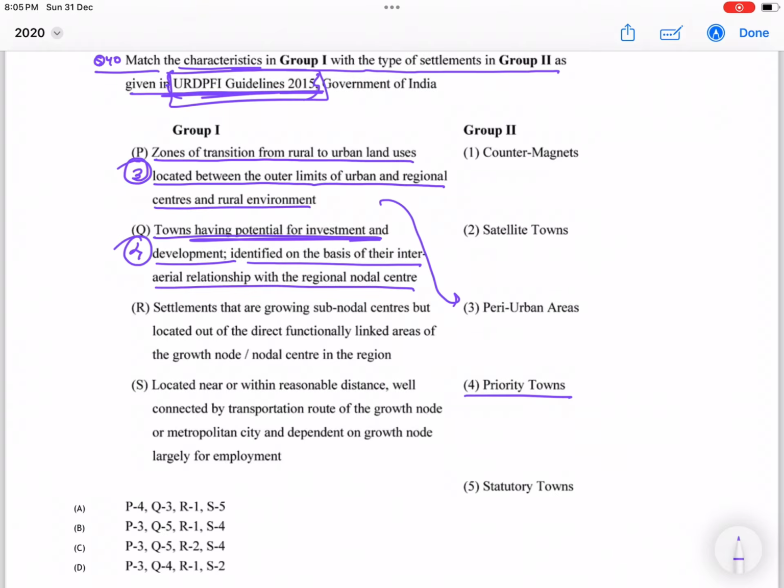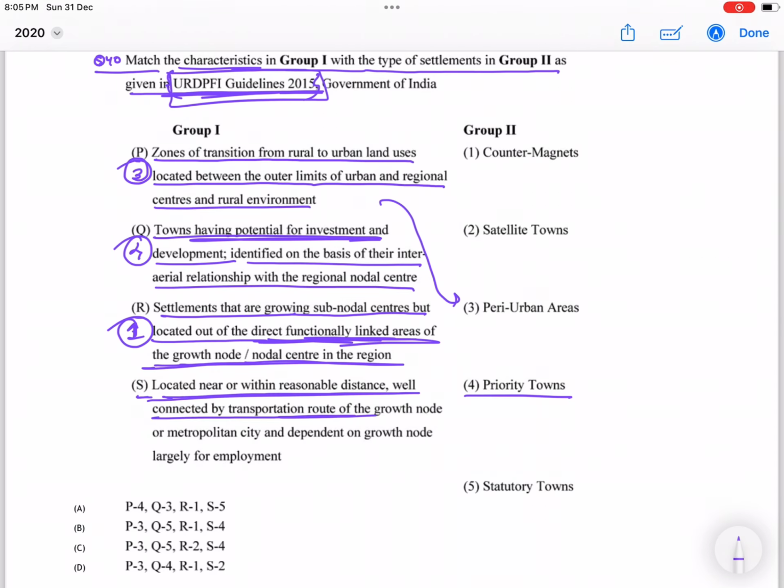Okay, so this is 4th. Now the settlement that is a growing subnodal center but located out of the directly functionally linked area of the growth nodal center in the region. So these are the counter magnet. Now S, located near or within a reasonable distance, well connected by transportation route to the growth nodal or the metropolitan city, and dependent. If the word dependent comes here, it is definitely the satellite town. So the best match answer here is the D1.